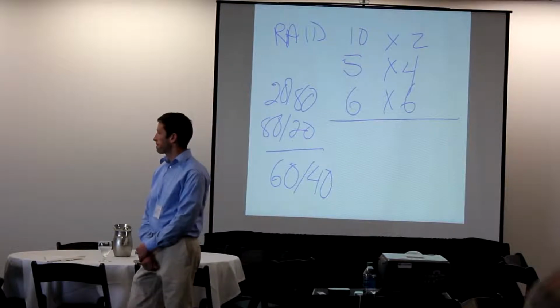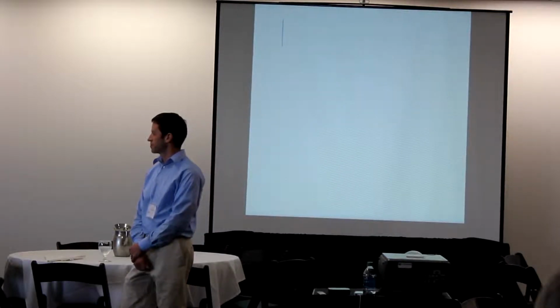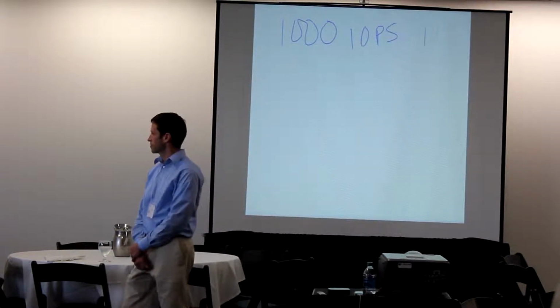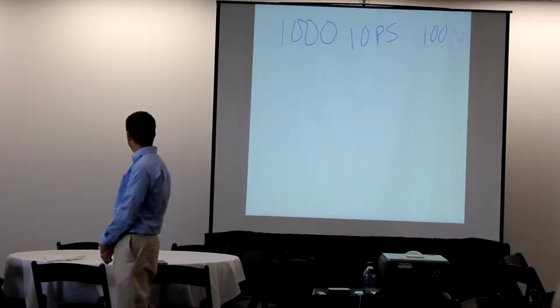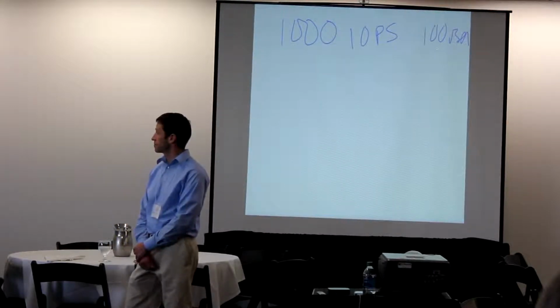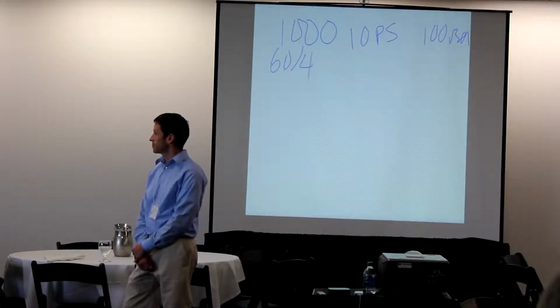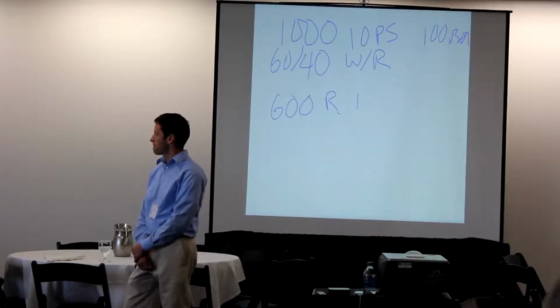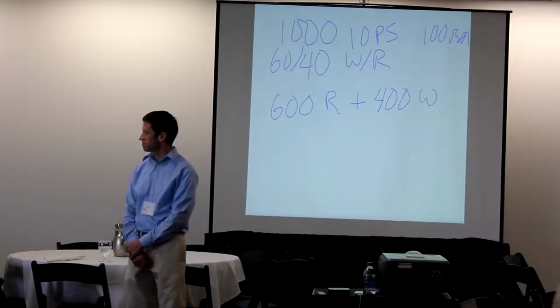Well, let's look back here and we'll say 1,000 IOPS for 100 users. 60-40 read write means that there's 600 reads plus 400 writes going on.